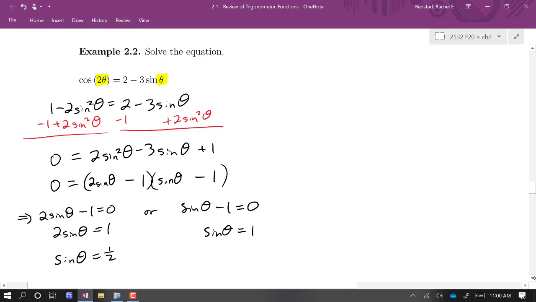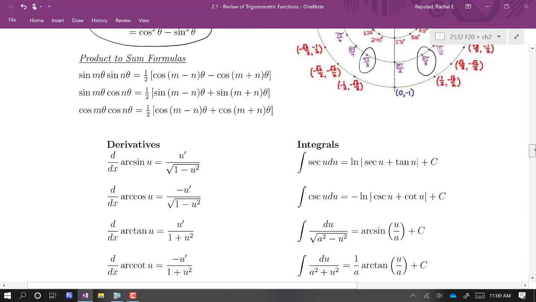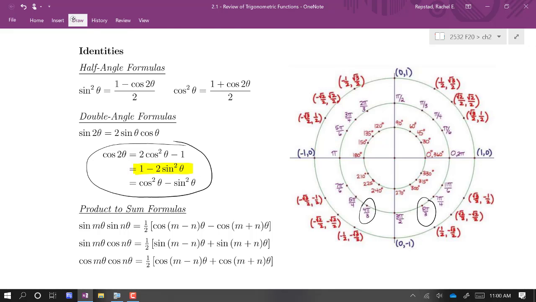I'm going to go to the unit circle again and see if I can find a point where the y-coordinate is equal to positive 1/2. So that happens here and also here. So that gives us the angles pi/6 and 5pi/6.